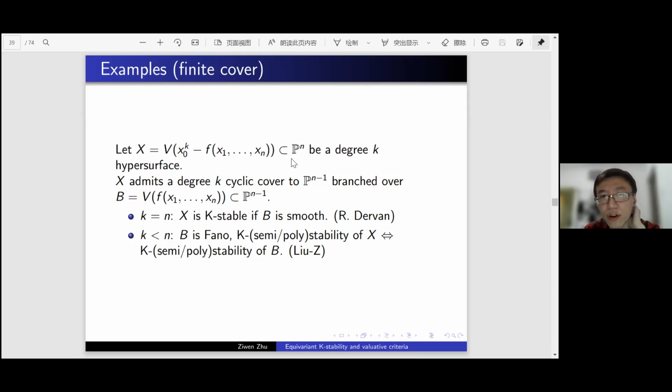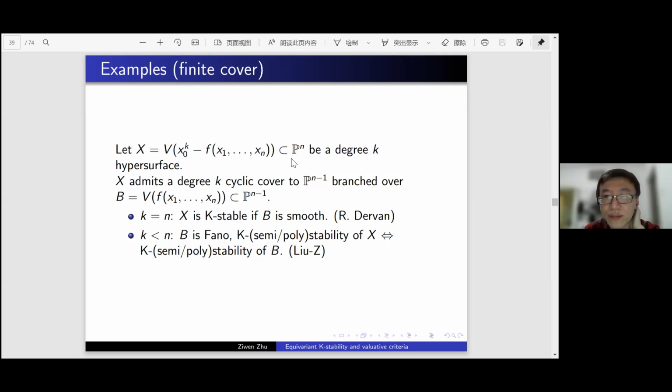For example, for hypersurfaces of degree n in P^n, we know that all the smooth ones are K-stable, and this is done by computing alpha invariants. And there are also some recent results for higher degree hypersurfaces. We have K-stability results.